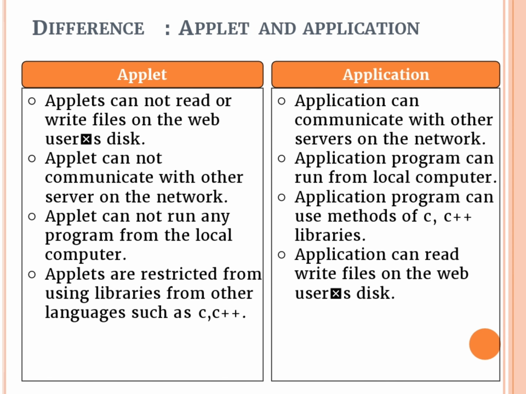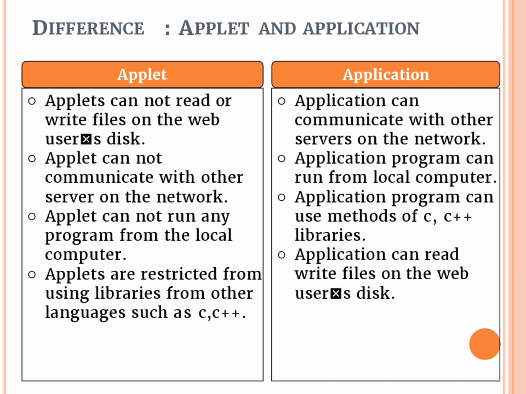The next point is that applets cannot read or write files on the web user's disk. Applets cannot read or write files, as I was saying earlier in the limitations slide. But applications can read and write on the web user's disk, using file classes and stream classes for reading and writing purposes.